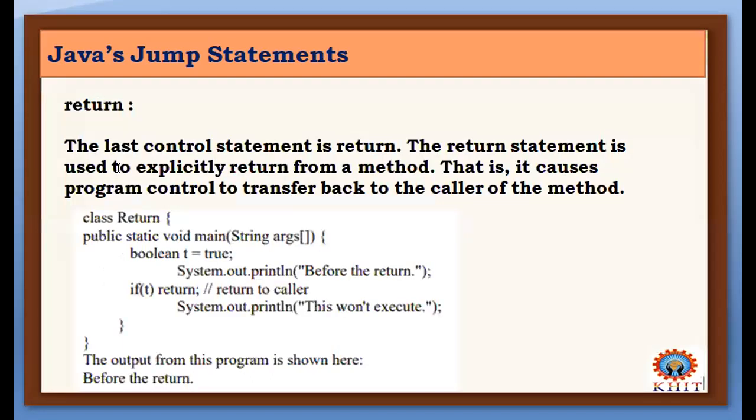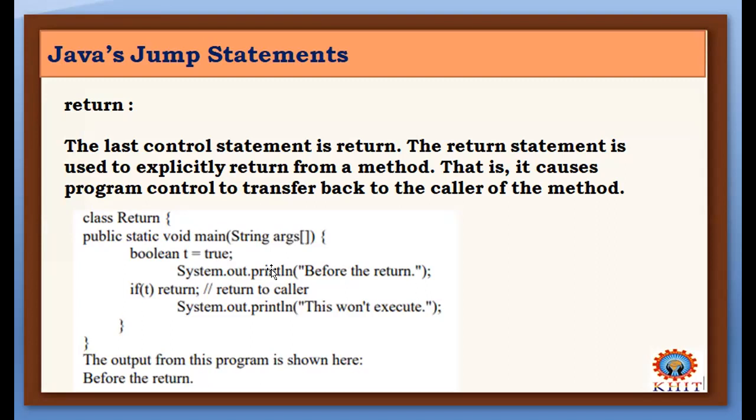Next, the last one is return. So return is obviously what, when you write return, it will go back to the caller. Caller means ఎవరైతే ప్రోగ్రామ్ కాల్ చేశారో వాళ్ళ దగ్గరికి వెళ్ళిపోతుంది అన్నమాట. రిటర్న్ స్టేట్మెంట్ రాస్తాం. You can see a small example here. Public static void main, and I am taking a boolean value t. Boolean t is equal to true.